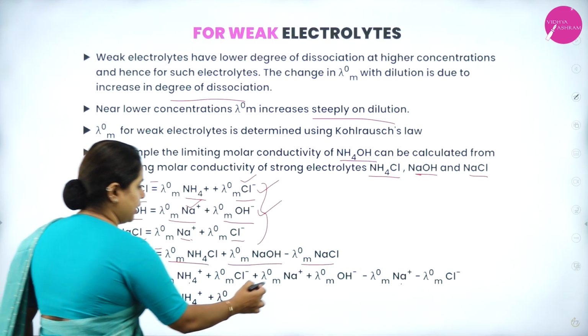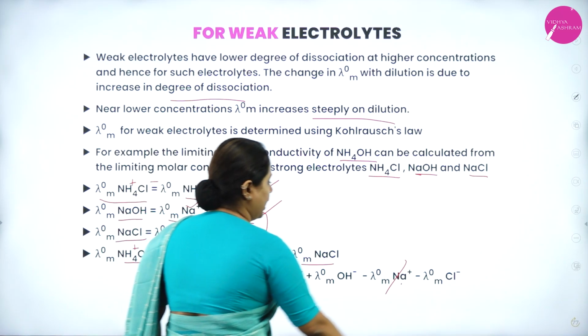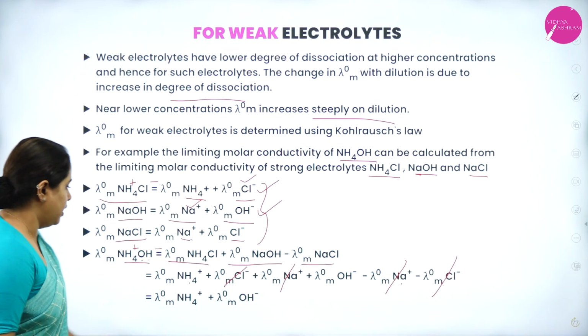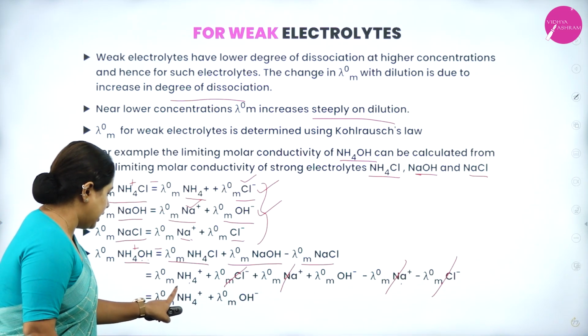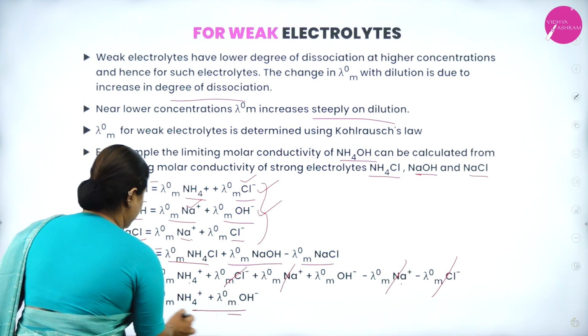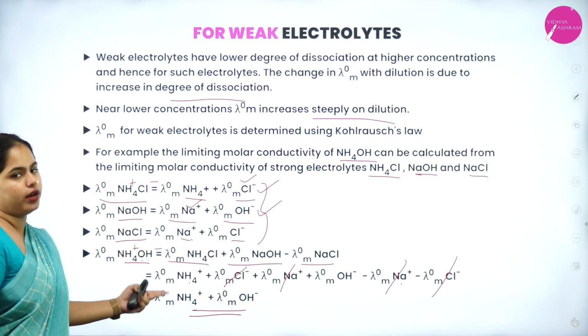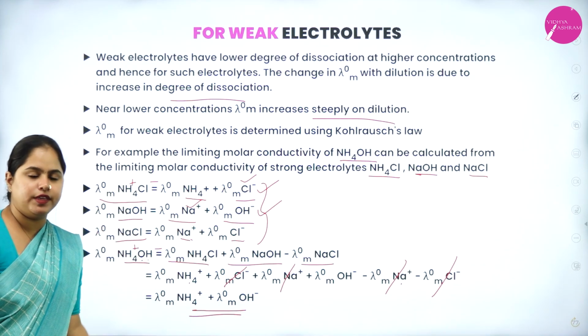So, what is happening here? Na plus and minus Na plus get cancelled. Cl minus and minus Cl minus get cancelled. Finally, you will get lambda naught of NH4 plus and OH minus. That's it. So, from the three values of strong electrolytes, you were able to calculate the lambda naught m of a weak electrolyte.